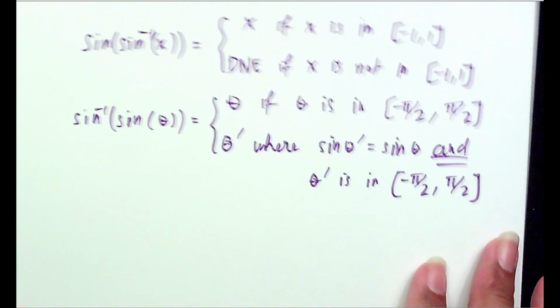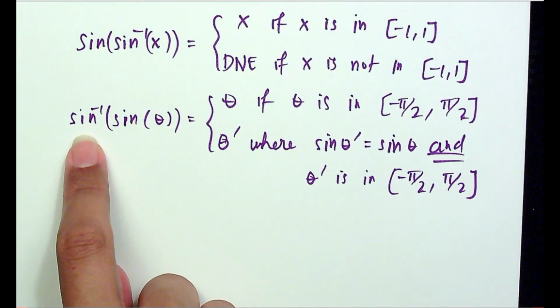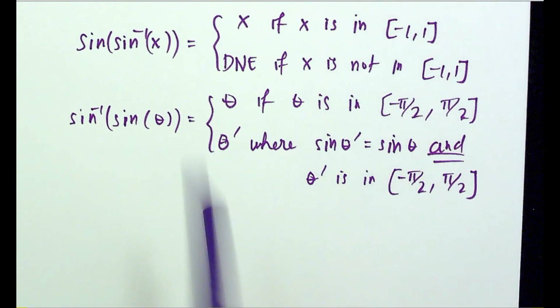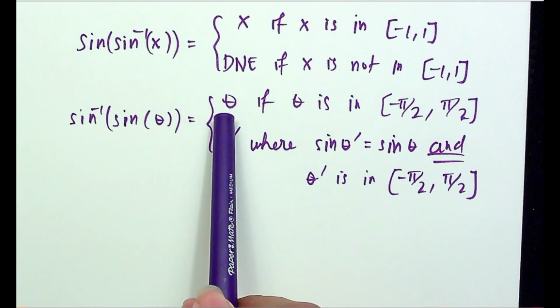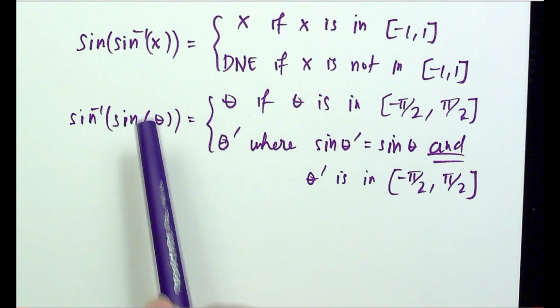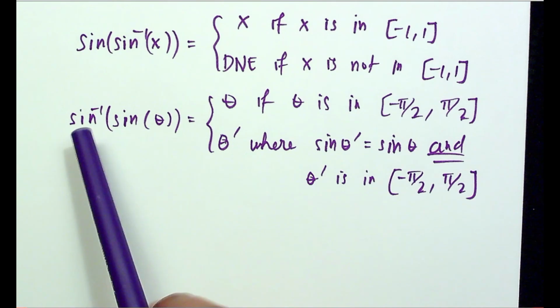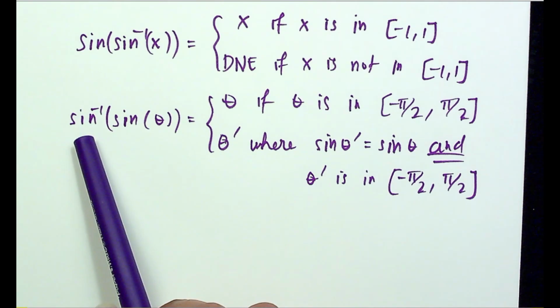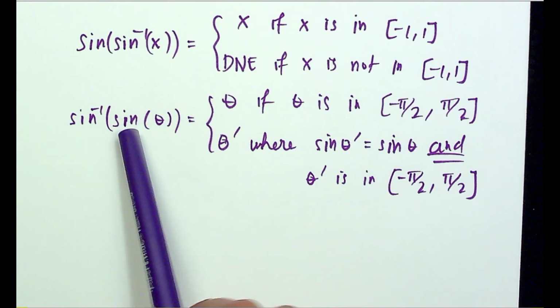The other possibility is when the inverse function is outside. In this scenario, if the angle is in the range of sine inverse, then these two are going to cancel each other out.